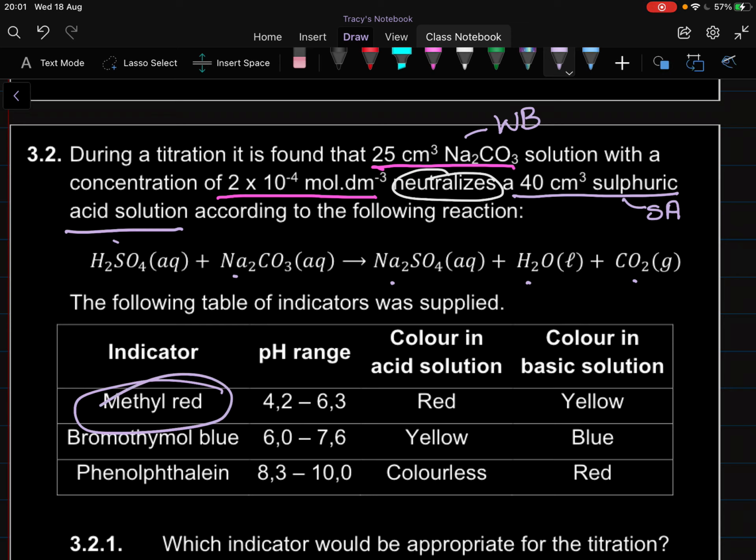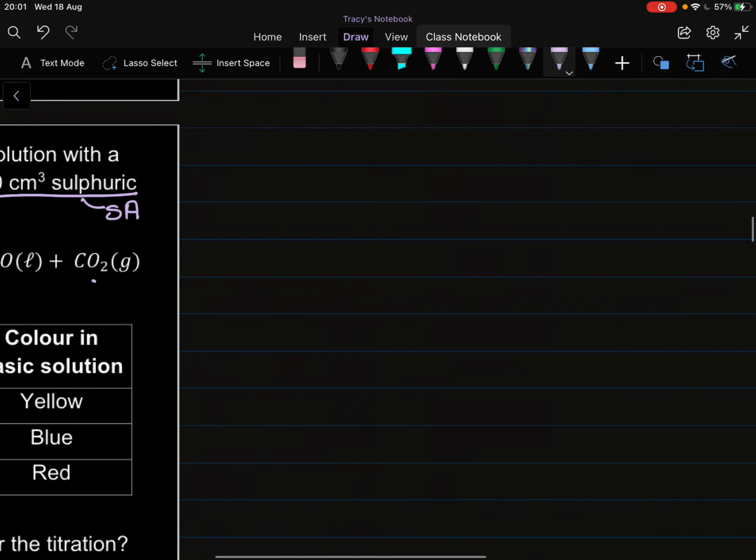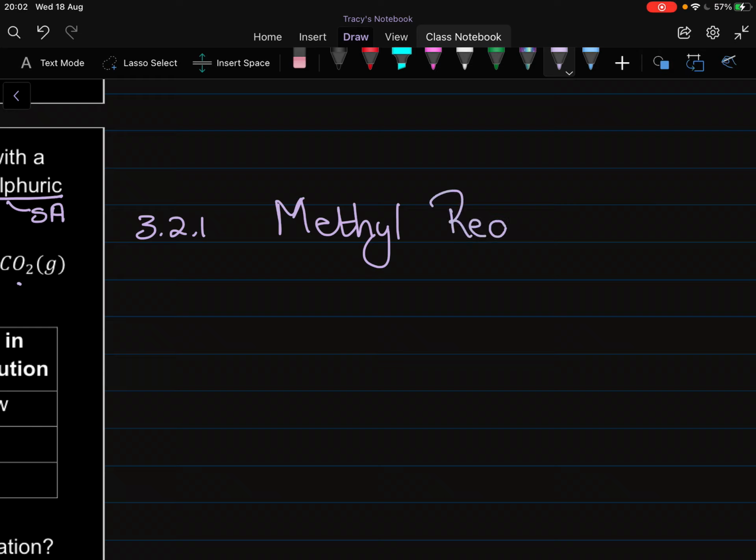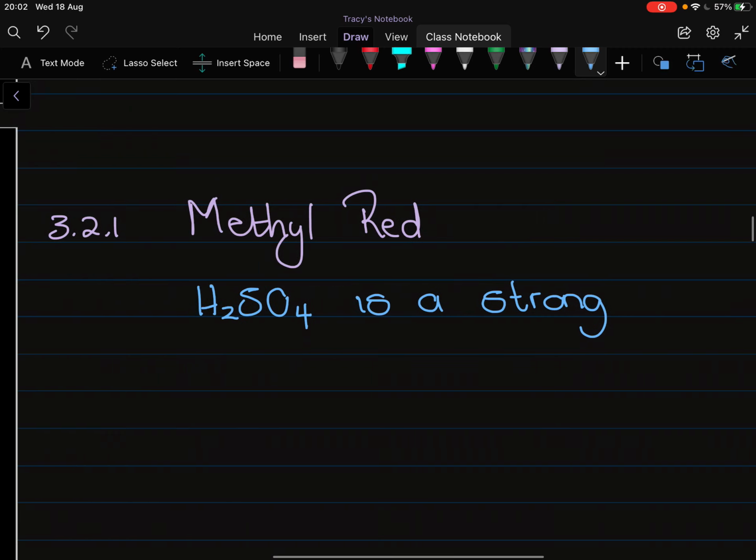Okay? How do we explain that? Because that's obviously the next thing. So, 3.2, we've decided we need methyl red. If they didn't give this, you would have said methyl orange. Explanation. H2SO4 is a strong acid.